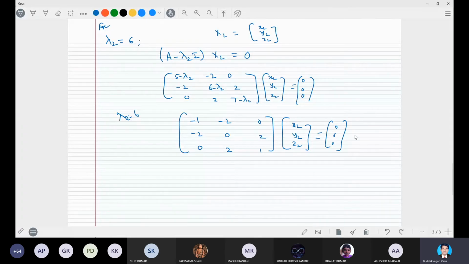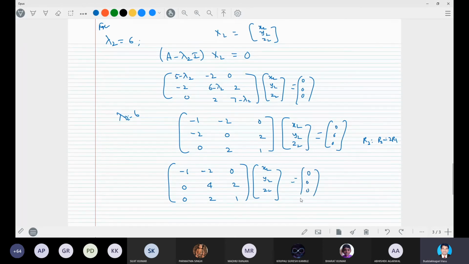Now here also we can make it R2 minus 2R1, resulting in minus 1, minus 2, 0; 0, 4, 2; 0, 2, 1, into x2 y2 z2 is equal to 0 0 0.